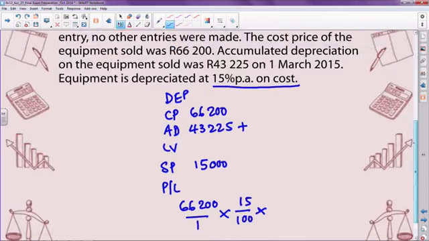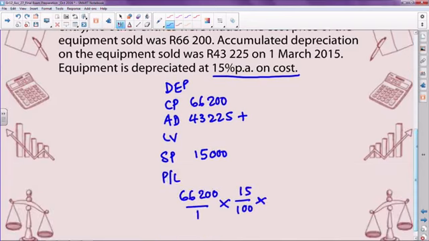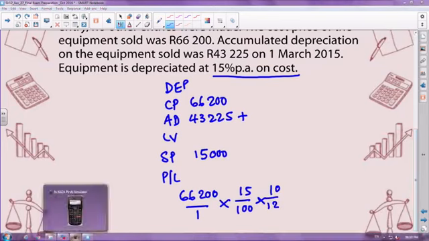When did I dispose of the asset? Watch. The asset was disposed of on the 31st of December. So in other words, it's March, April, May, June, July, August, September, October, November, December. 10 months. So, times 10 over 12. Okay? Let's take our calculators and do that calculation.